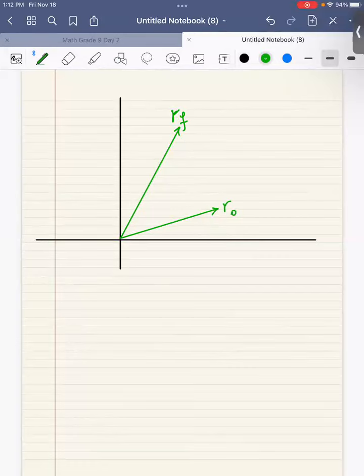Here, what is delta r? Delta r is basically this vector, and the average velocity is also in the same direction as delta r. So v average is in the same direction as delta r.